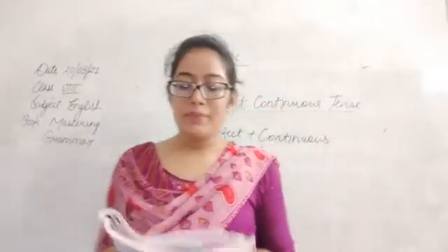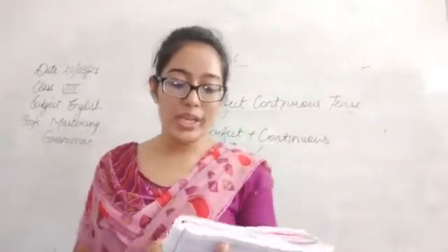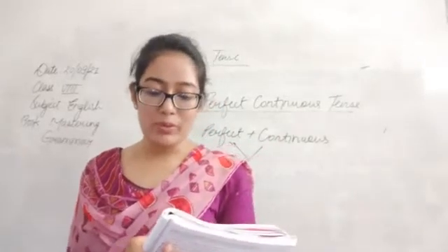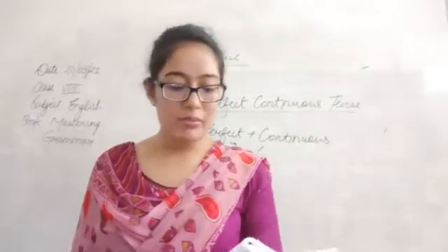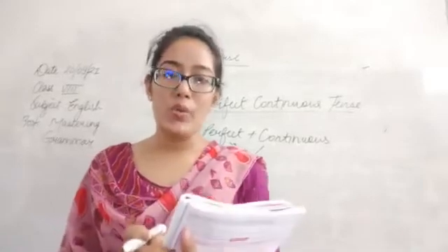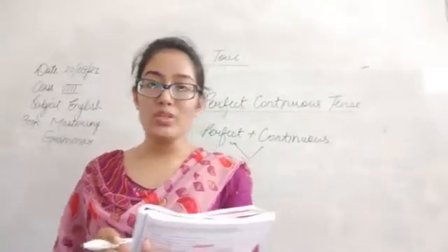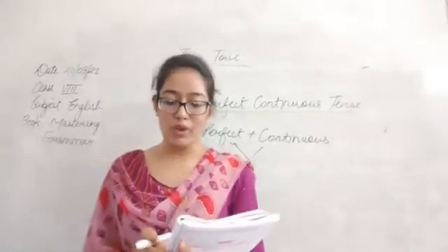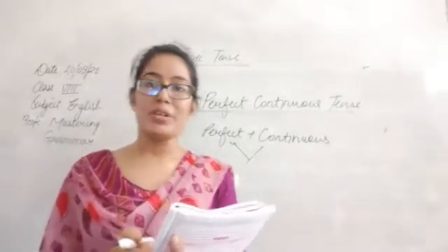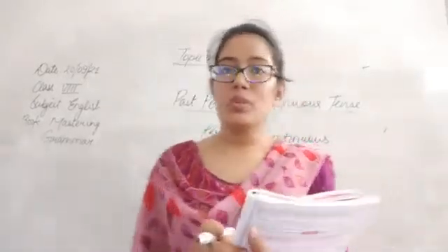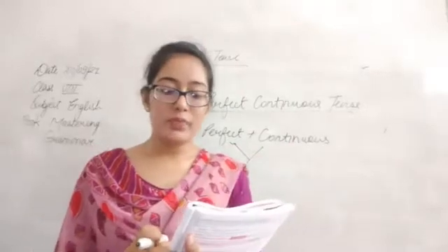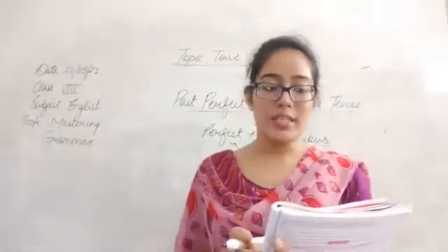For example, the girl had been trying to make the model of a volcano before the teacher helped her. So she was already doing the action before another action started.